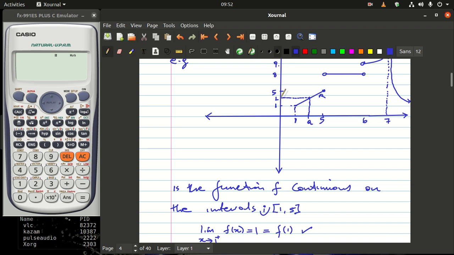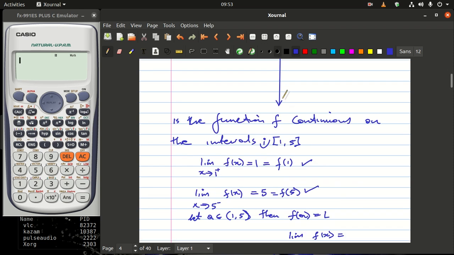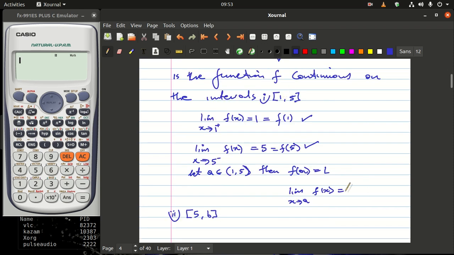It is going to be L. And if I pick a value on the left of this a and I go all the way up to this point here, you will find that the value that is so close to it is this L. So in this particular case, the limit as I'm approaching a is going to be some L, which is the same as f of a. So this condition is also satisfied.